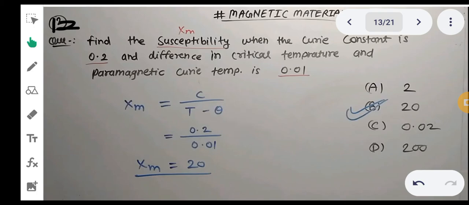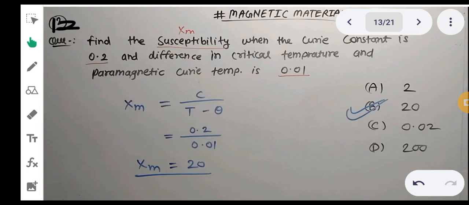In some books they write Tc, but we have been given this difference in the critical temperature. And C is a material's constant, that's the Curie constant, which is 0.2.